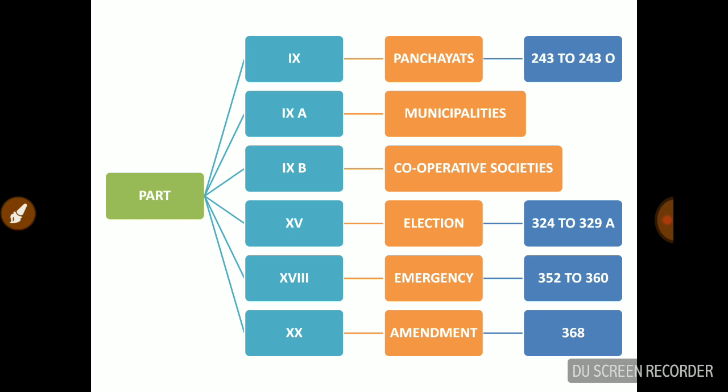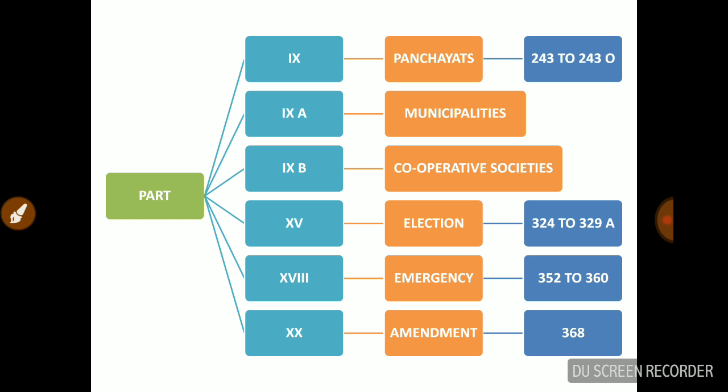Part 18 talks about emergency in the Indian Constitution: internal emergency, external emergency and financial emergency, with articles 352 to 360. And part 20 talks about amendments, and the important article is 368.